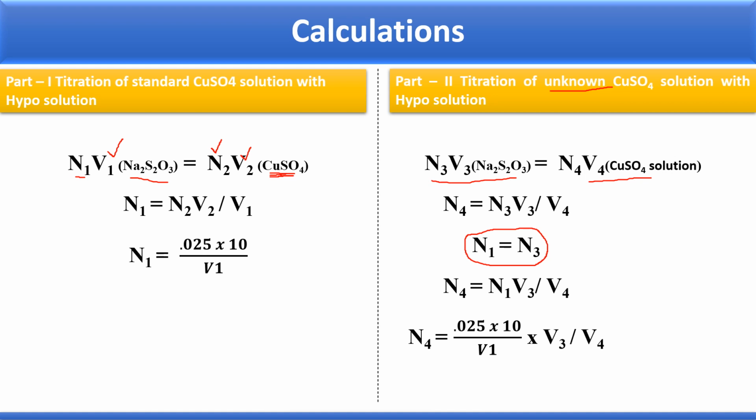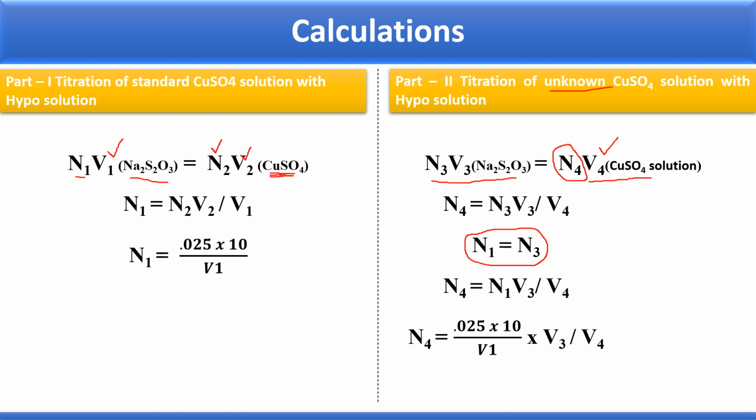V3 is the volume of hypo solution used with the unknown copper sulfate solution, that is the final burette reading with the unknown copper sulfate solution. N4 is the normality of unknown copper sulfate solution, which we have to determine, which was the aim of our experiment. And V4 is the volume of copper sulfate solution, that is 10 ml.